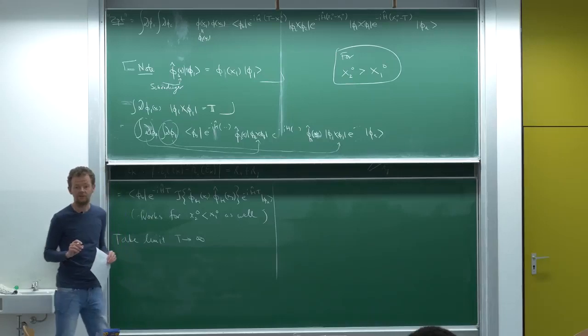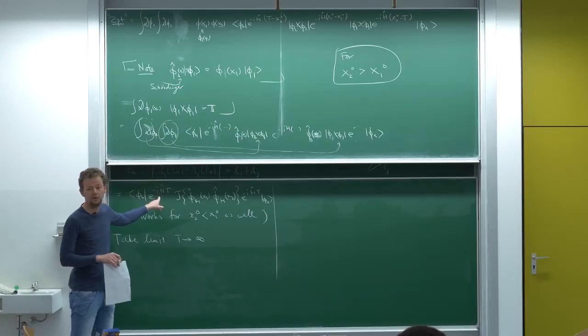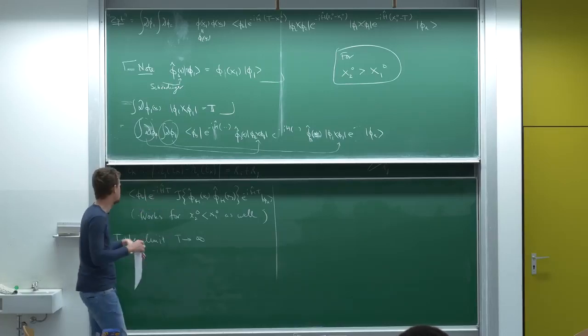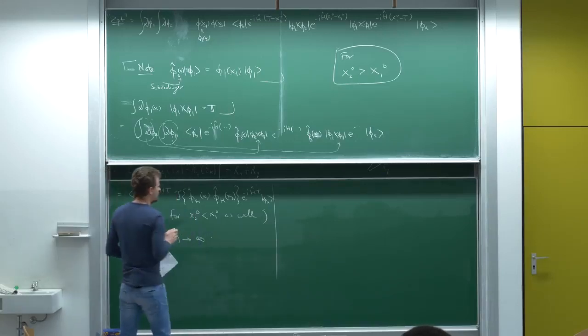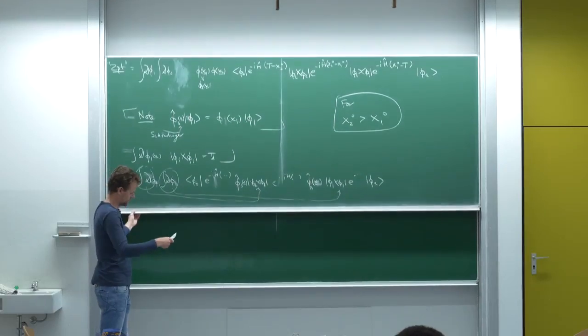They become the S matrix that you need in defining the endpoint correlation function for a quantum field. So take the limit t to infinity, and we end up with the following expression.